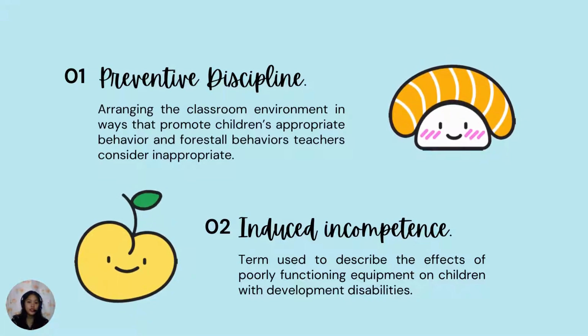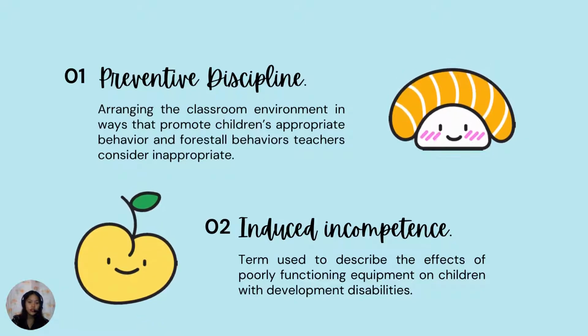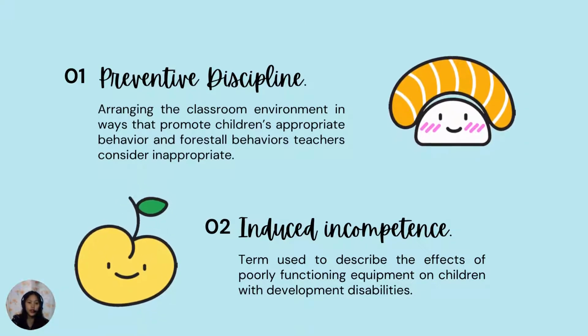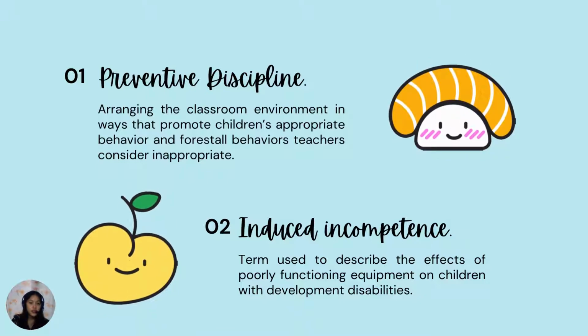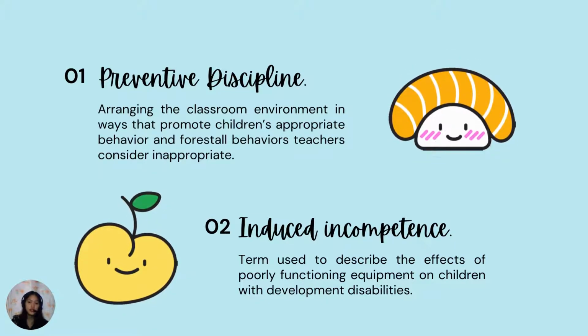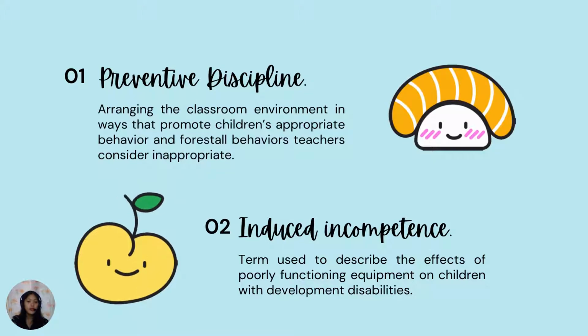So, the first is preventive discipline, arranging the classroom environment in ways to promote children's appropriate behavior and forestall behaviors teachers consider incorporate. Preventive discipline refers to the strategies used in the classroom to prevent student misbehavior.